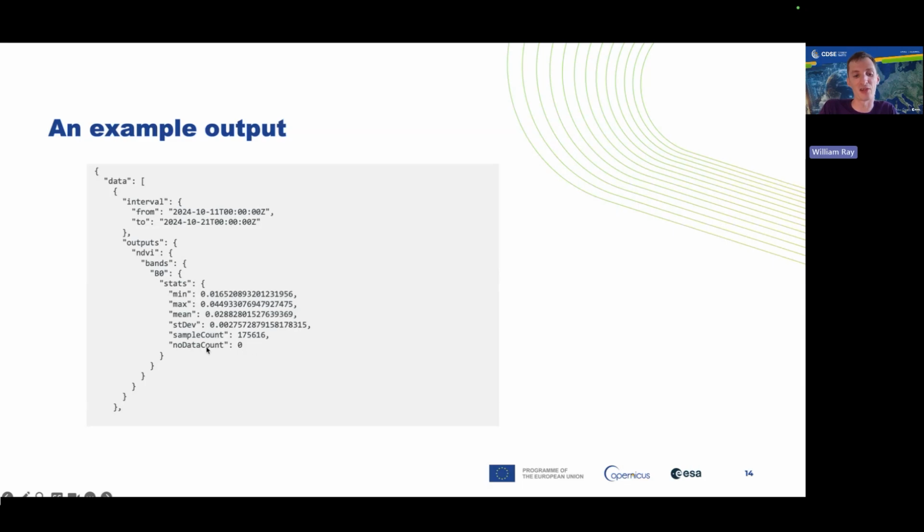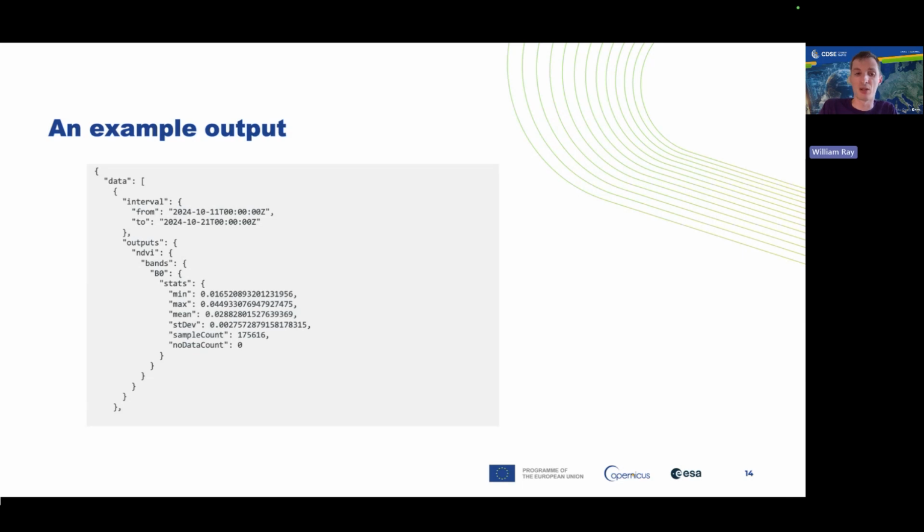So this would have a higher number, say if we had some pixels that were masked out using the data mask, say if we had like a cloud over our field of interest, those pixels would be included in your no data count. So this just confirms to us that 100% of our pixels are valid for NDVI calculation.